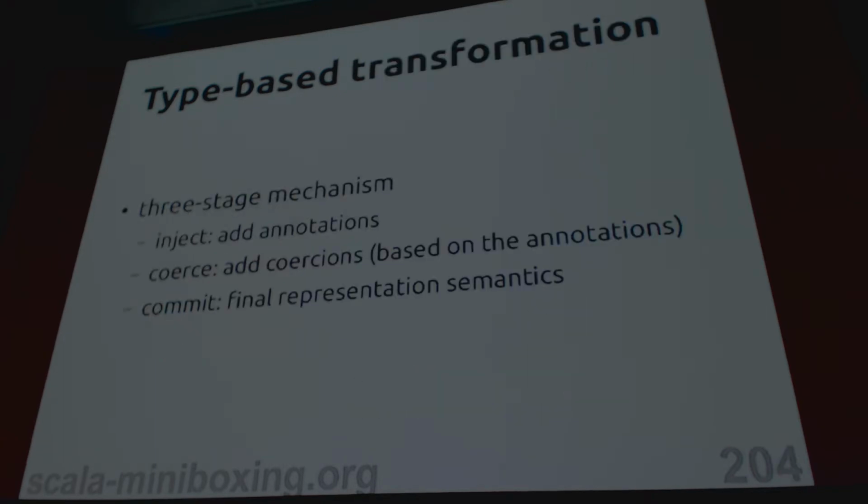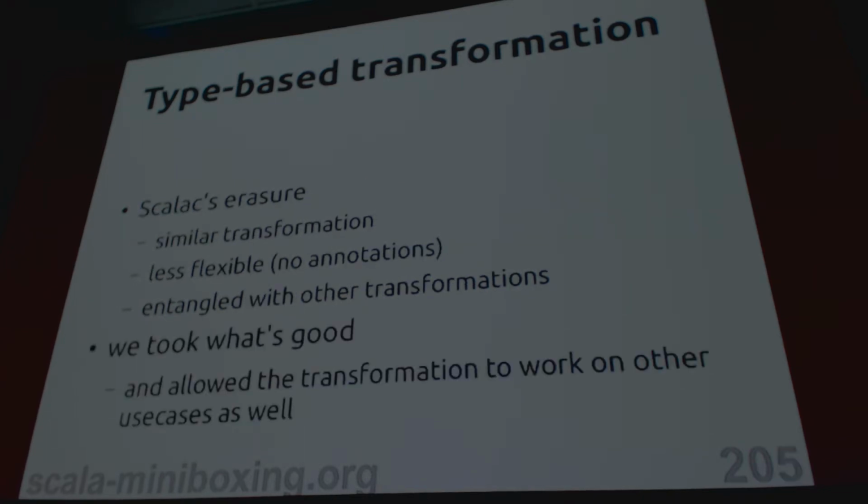Okay, that's it. Good. So let's go once again. The three-stage mechanism added annotations in a very flexible, selective way, and then added coercions based on the type checker, on retype checking the tree. Finally, it's committed to a final representation.